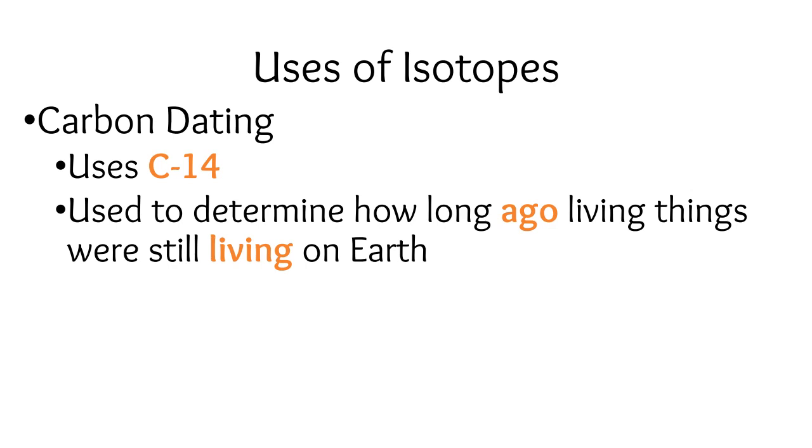When a person or an animal dies, its level of carbon 14 is no longer staying standard and it starts to decay at a specific rate. Later on in the year, when we start talking about nuclear chem and radioactivity, we'll talk more about this.